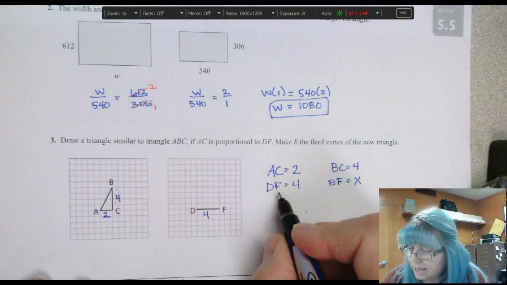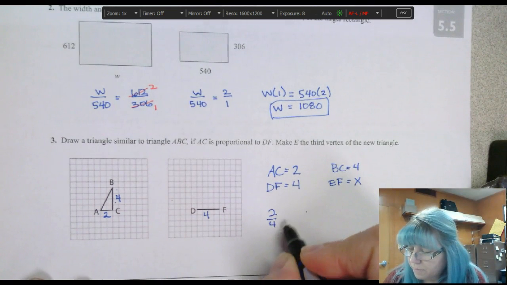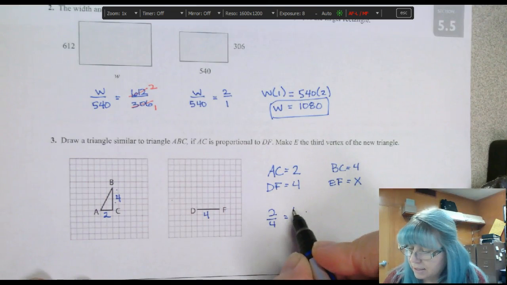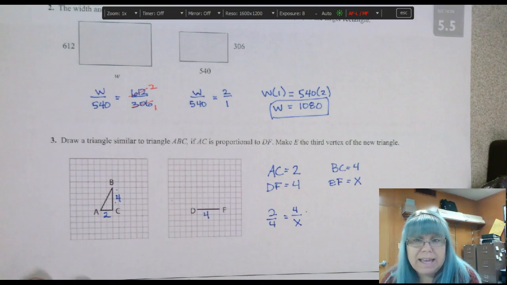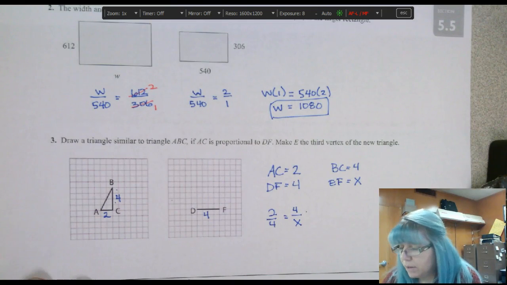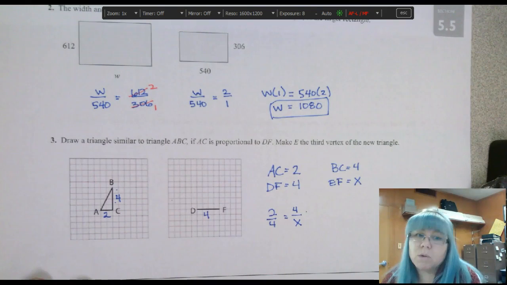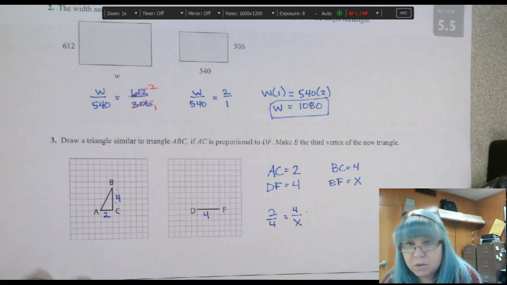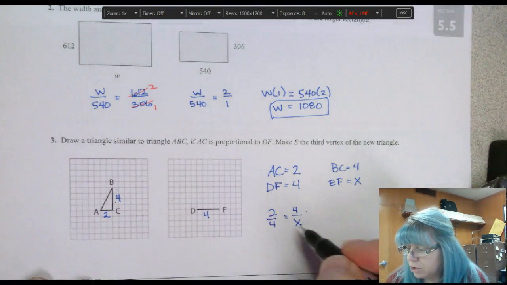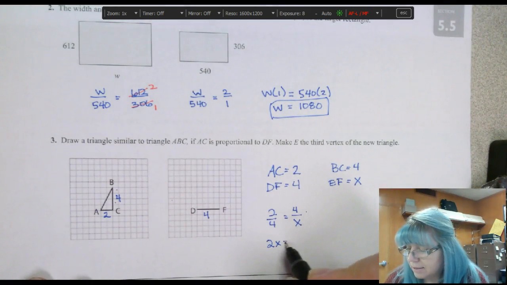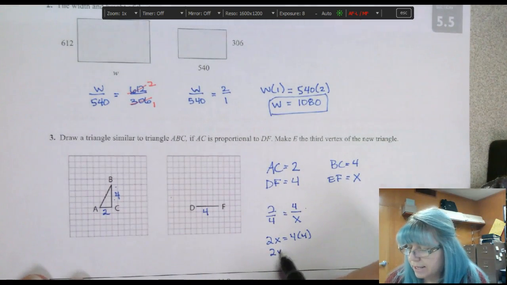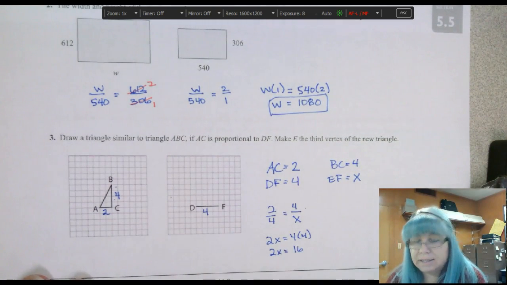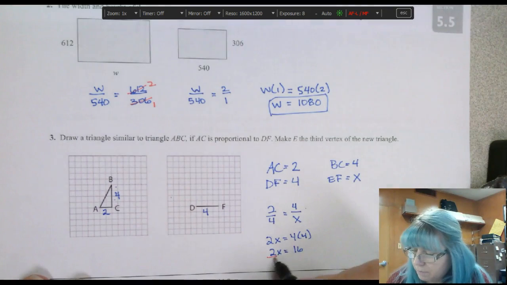Okay. AC is to DF, so 2 is to 4, as BC is to I don't know. And here we can reduce, but the numbers are small enough that I can multiply them. So I'm going to do the product of our extremes and the product of our means. 2 times x is 2x. 4 times 4, so 2x equals 16. Going to divide by 2.